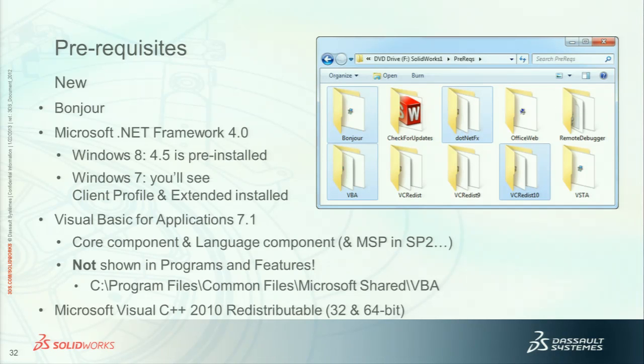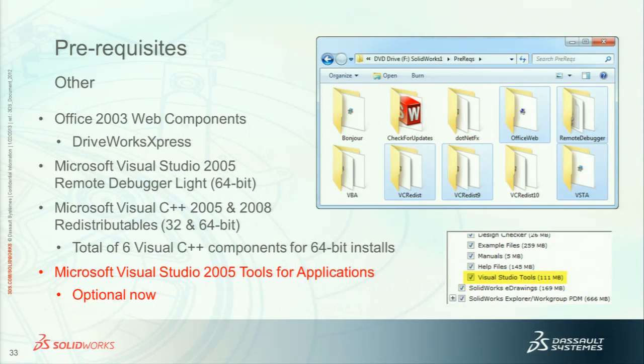But again, the installation manager should handle all that stuff for us. So the other older ones that have been around in 2012, all this good stuff, Office 2003 web components, which DriveWorks Express uses. So if you uninstall it, DriveWorks Express won't work. Won't shut down SolidWorks. The Microsoft Visual Studio 2005 Remote Debugger Lite, a 64-bit specific prerequisite, we install that. We installed 2005 and 2008 Visual C++ redistributables.